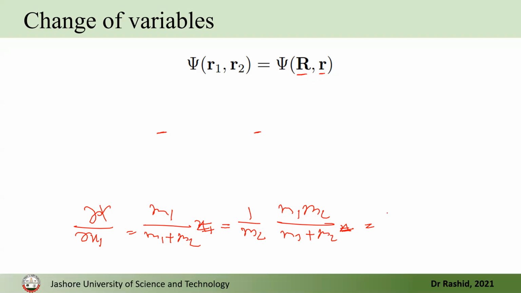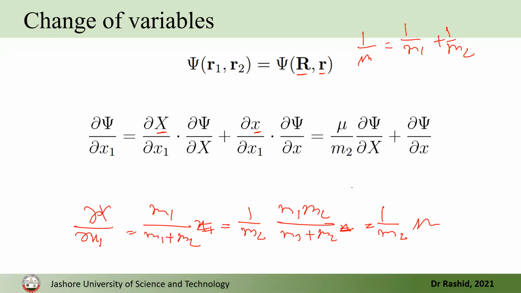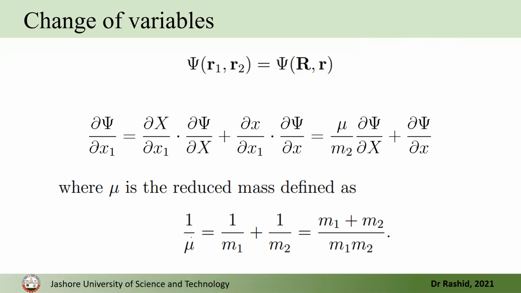So we can write 1 by m2 into mu, where 1 by mu equals 1 by m1 plus 1 by m2. So we have mu over m2.